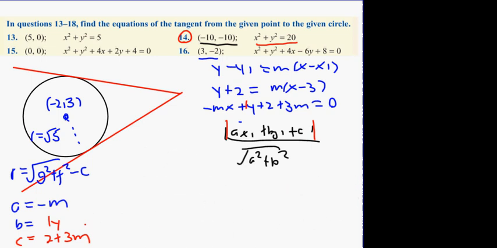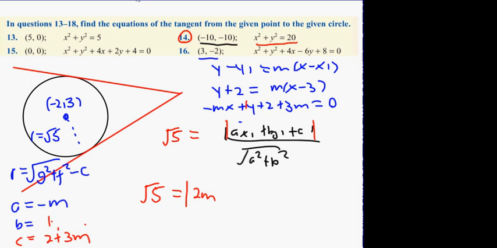Now, I'm going to put the radius equal to root 5 equal to this stuff here. I can't square it outside, sorry. Root 5 equals ax1, so what's ax1, guys? Minus m multiplied by minus 2, plus 2m for me. B, which is 1, not 1y, excuse me. B is 1.